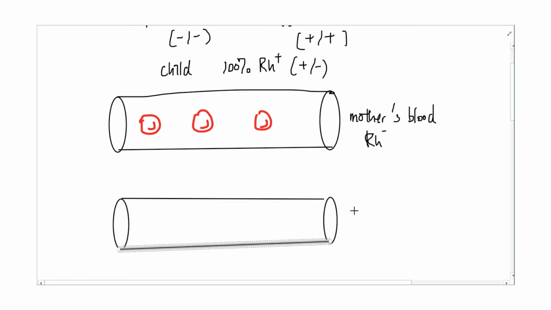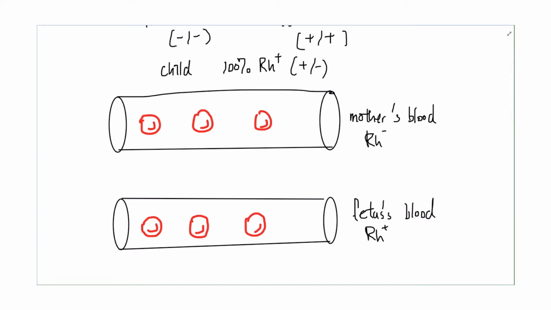So this would be the baby, the fetus blood, and the fetus is going to be Rh positive, right? Because of the positive from the father. And so when I draw the fetus RBC, we are going to put the Rh antigen on them. So there's Rh, Rh, Rh.